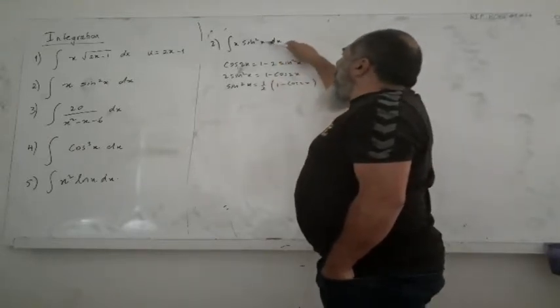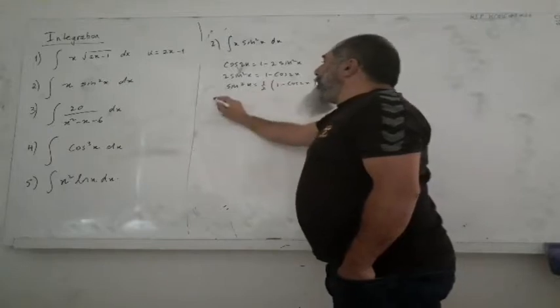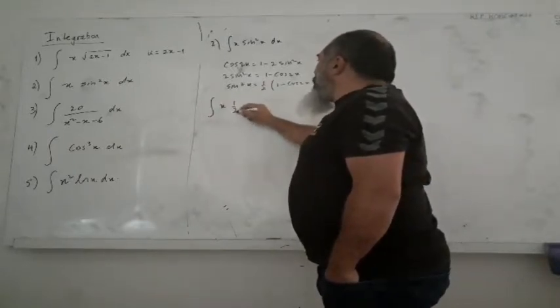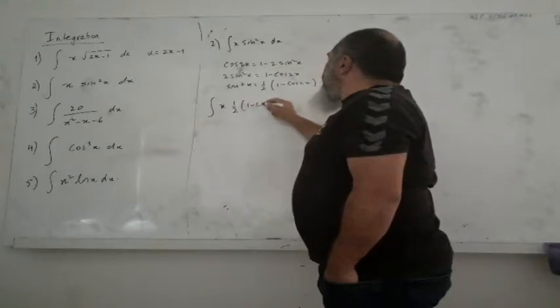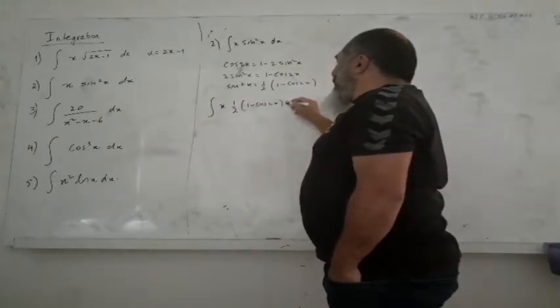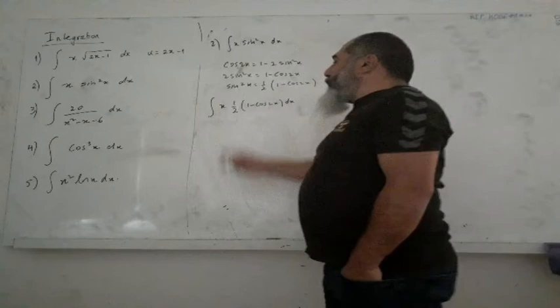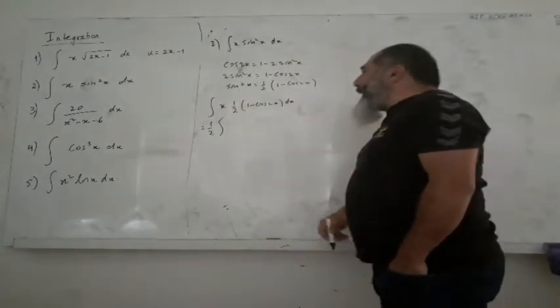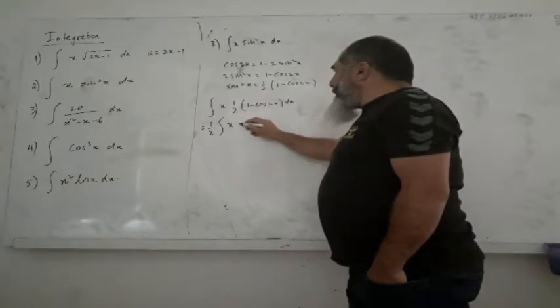So the question is going to be x times 1 over 2, 1 minus cosine 2x dx. Take this 1 over 2 outside of the integration because it's just a constant to multiply. X times 1 minus cosine 2x dx.